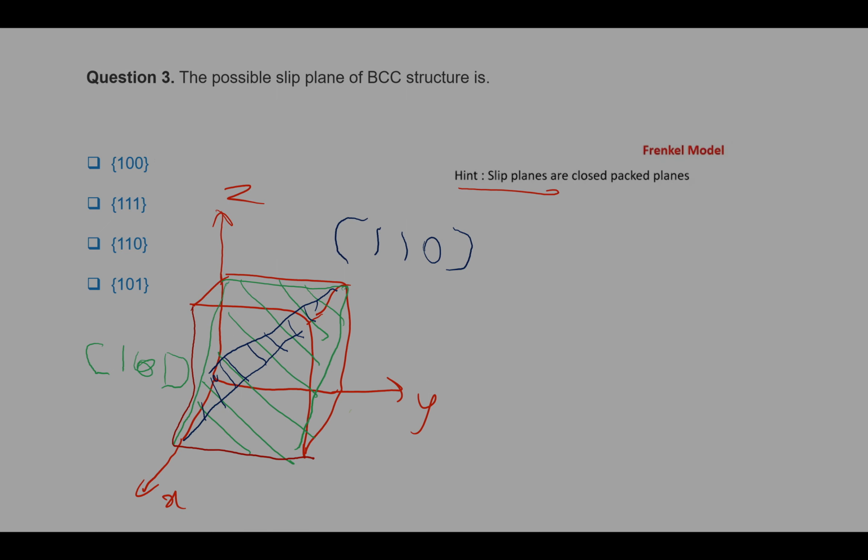According to this, the central atom is coming in both planes, and the possible slip planes will be both here. So the answer will be option number 1, option number 3 and option number 4. Both are possible here.